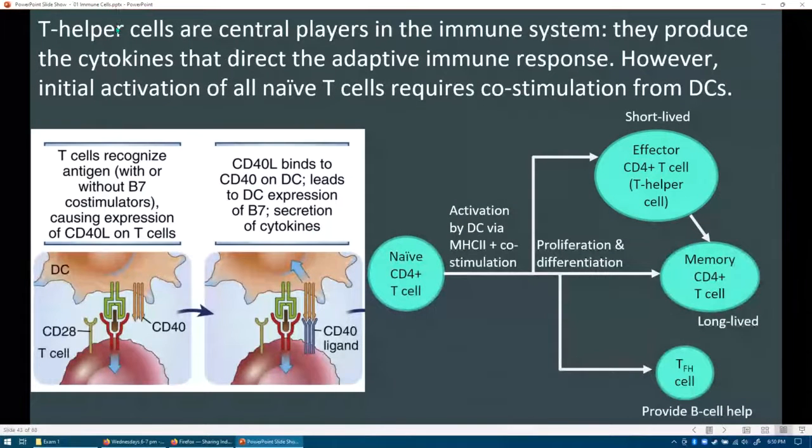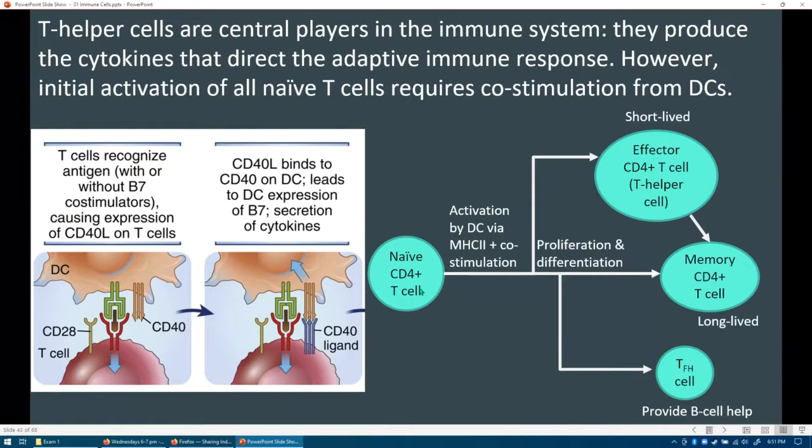So T helper cells are the central players in the immune system. They produce the cytokines that direct the adaptive immune response. However, the initial activation of all naive T cells requires co-stimulation from the dendritic cell that is activating it by presenting antigen to it. Okay, so here's how the differentiation process sort of works.